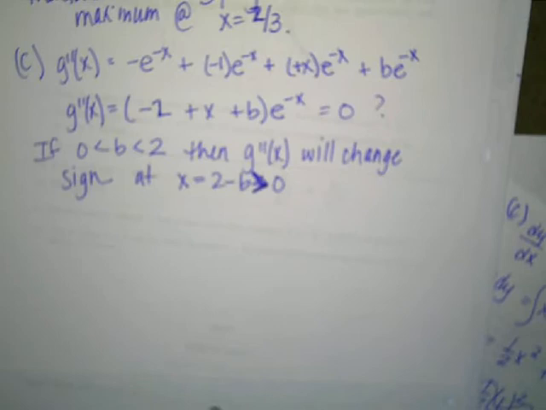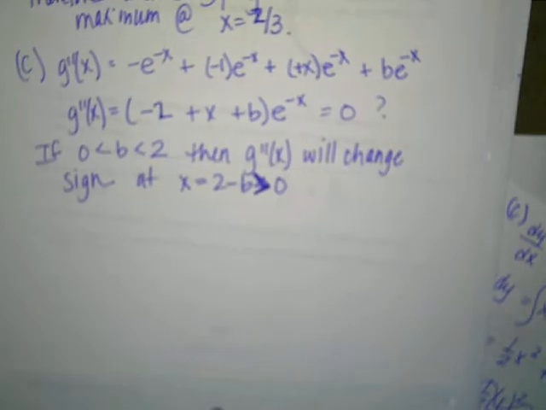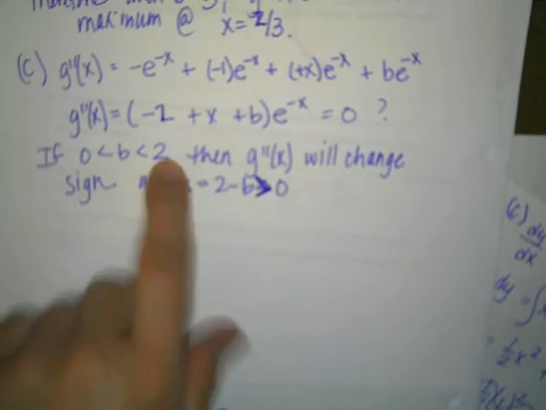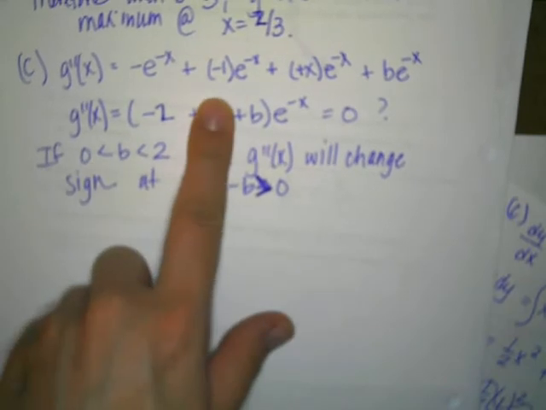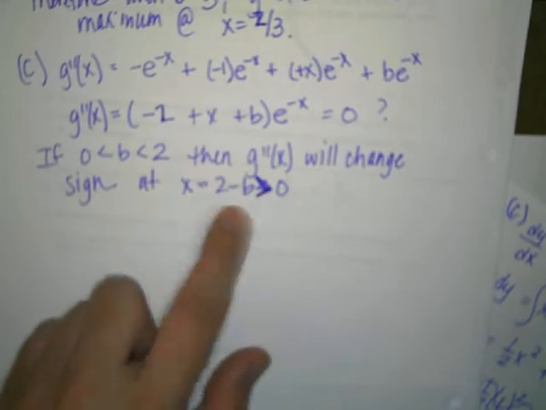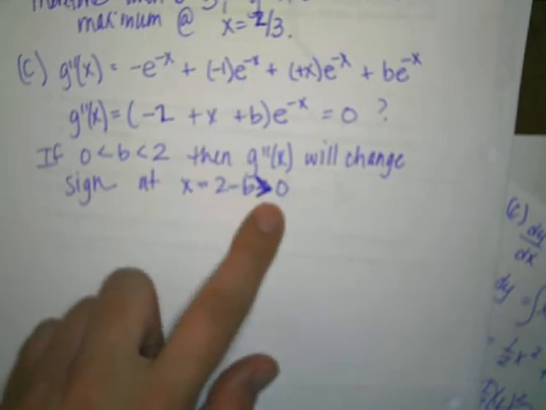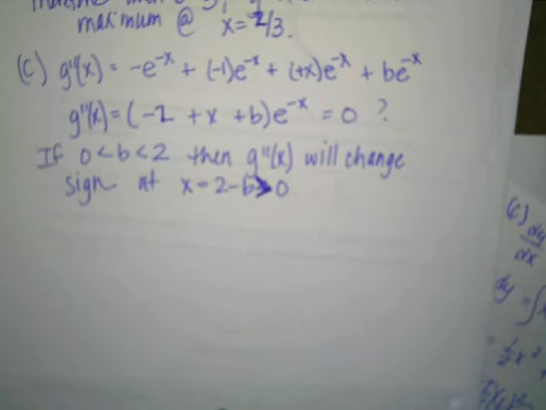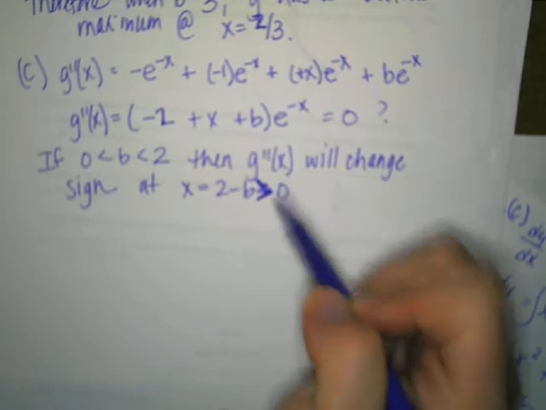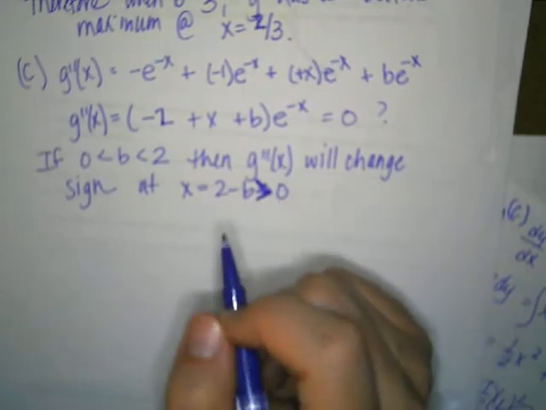So we need it to change sign somewhere. So if that b is between 0 and 2, taking out the x and just worrying about the b, then it'll change sign at 2 minus b greater than 0. So as long as you take 2 and subtract whatever your b is, and it's bigger than 0, you're going to have a point of inflection there.